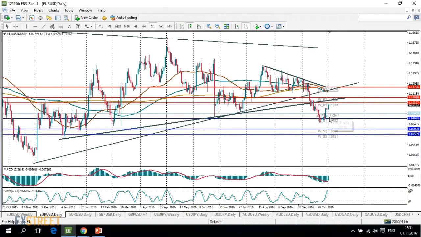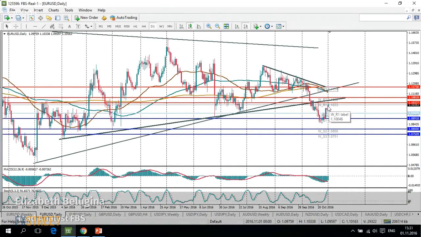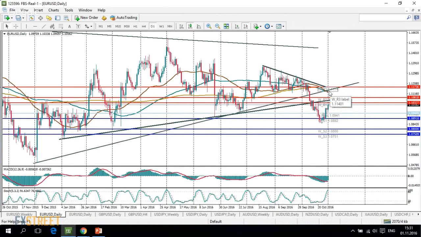And here also some small decline of the US dollar, some small advance of the euro is possible, but our ceiling lies around 1.1140. The moving averages are on the daily chart, and at this point we believe that new sellers will re-emerge for the euro dollar.